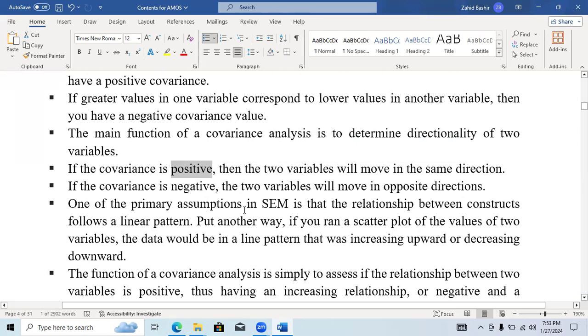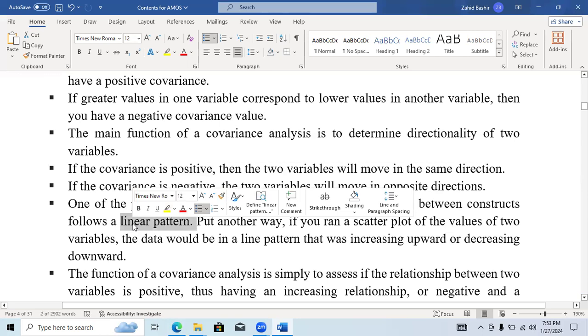One of the primary assumptions in SEM is that the relationship between constructs follows a linear pattern. I have previously explained in detail what we mean by linear pattern.